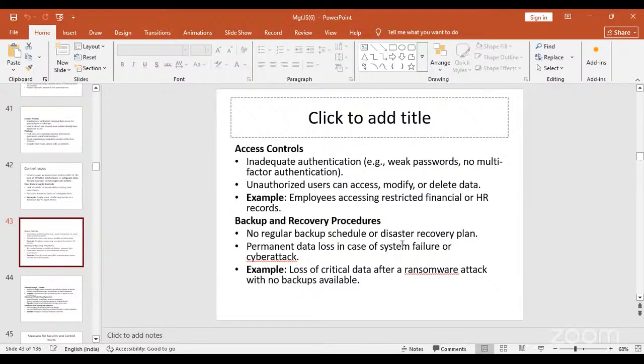If there is a regular backup schedule or disaster recovery plan, such loss can be avoided. For example, loss of critical data after a ransomware attack with no backup available. Loss of data means loss of the organization. So backup and recovery procedure is another control issue.